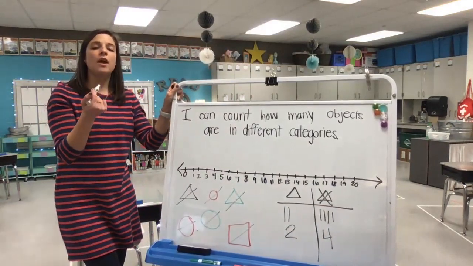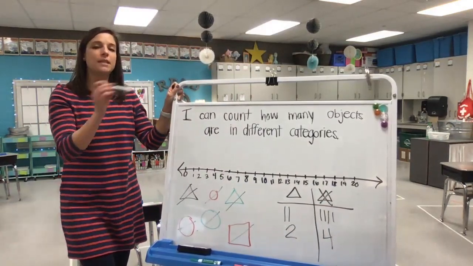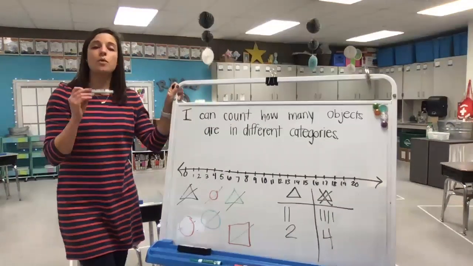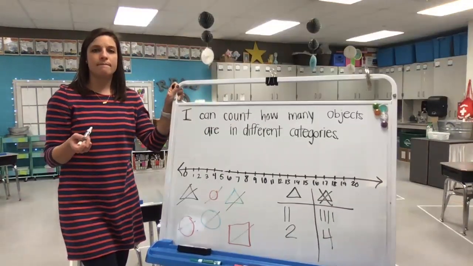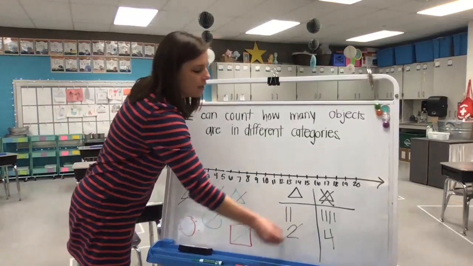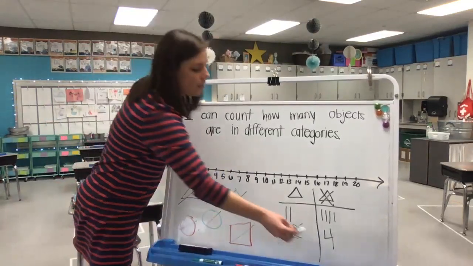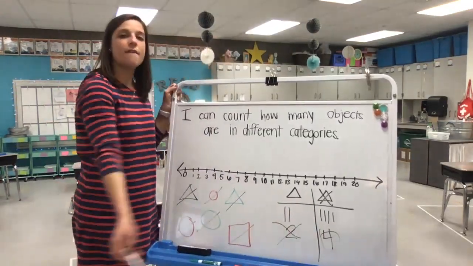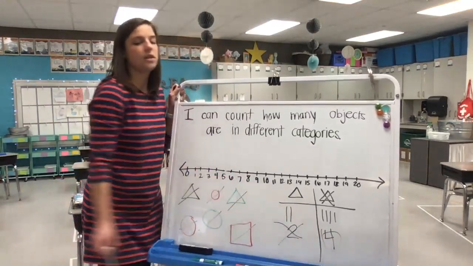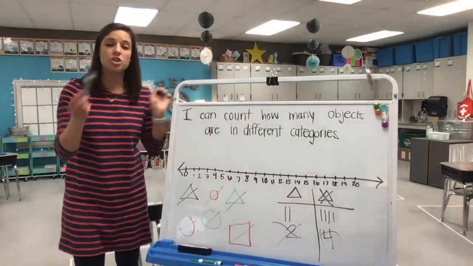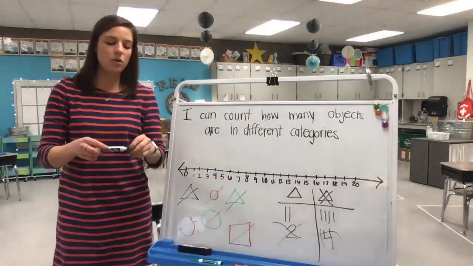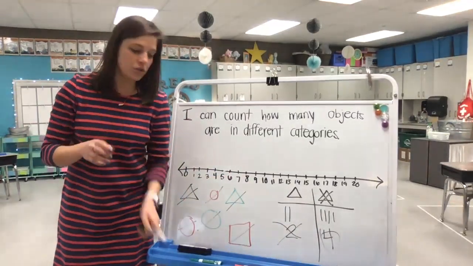If I had 2 triangles and then 4 shapes that are not triangles, which do I have a lesser amount of? Triangles, right? 2 is less than 4, which means that 4 is greater than 2. So I have more shapes that are not triangles versus shapes that are triangles.